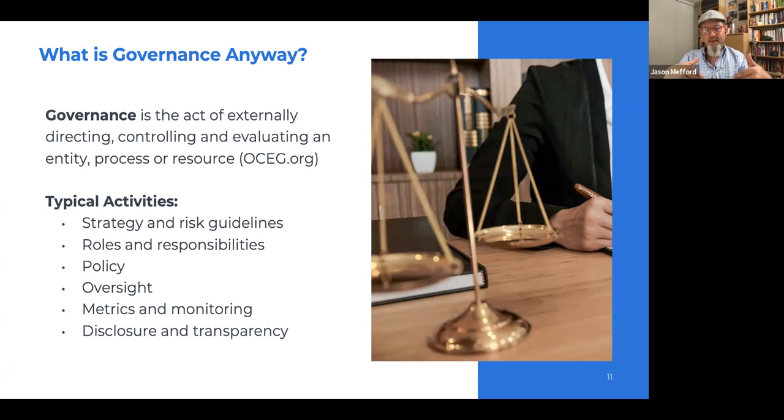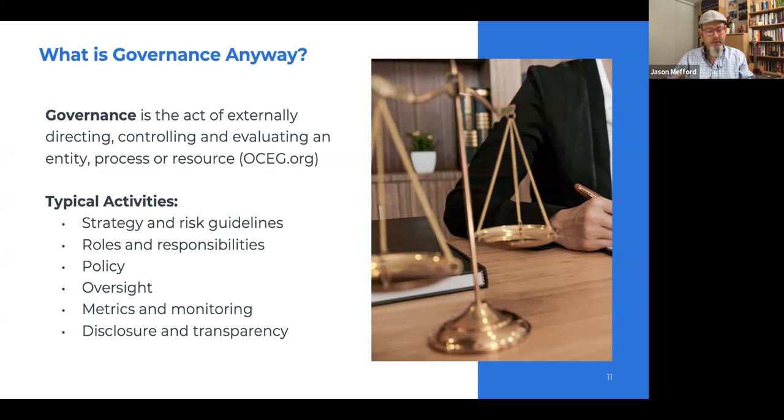They're establishing different roles and responsibilities, laying the landscape of who's in the organization and who's responsible for what. A lot of times they're involved in policy, which is a way of documenting some of these governance expectations and putting that into a process within the organization.